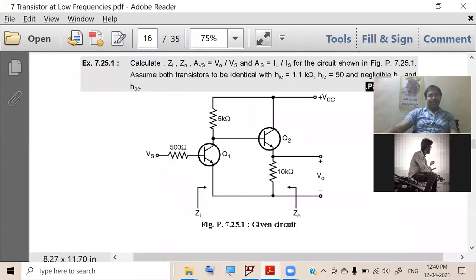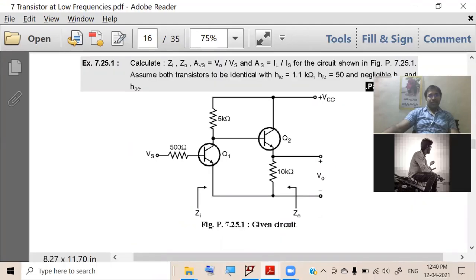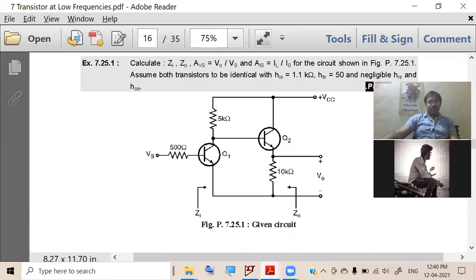Another resistor here, with output across that resistor. VCC. Both circuits are the same, right? Yes, sir. Okay. Now, in this question, they did not ask for AV.